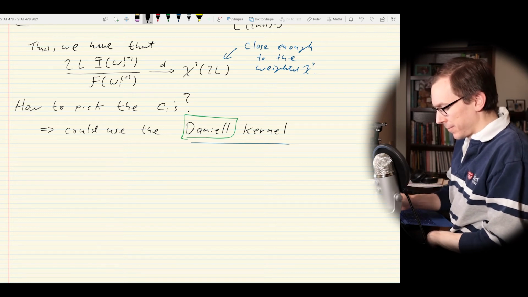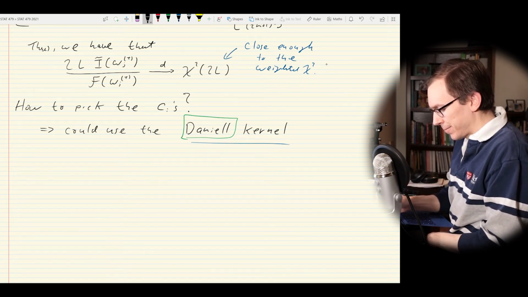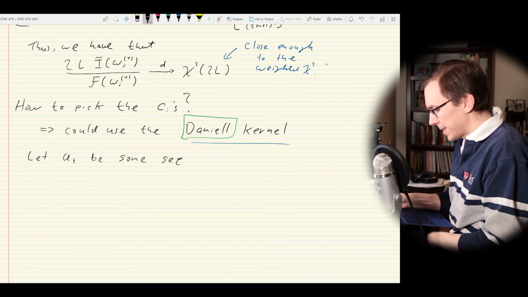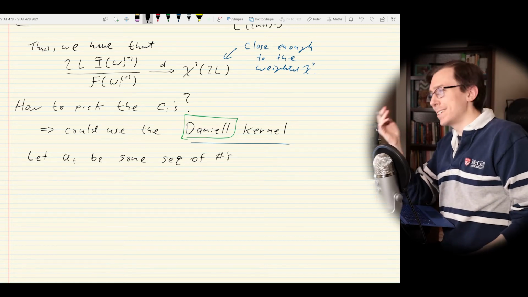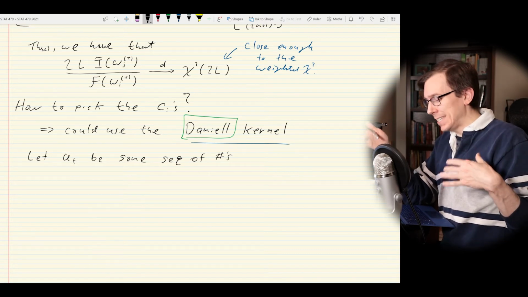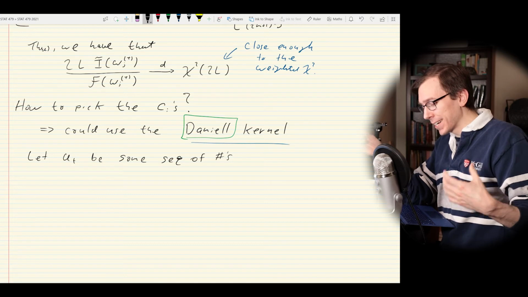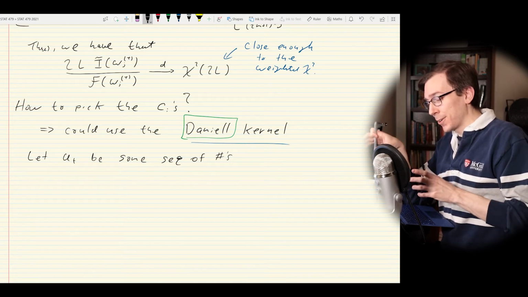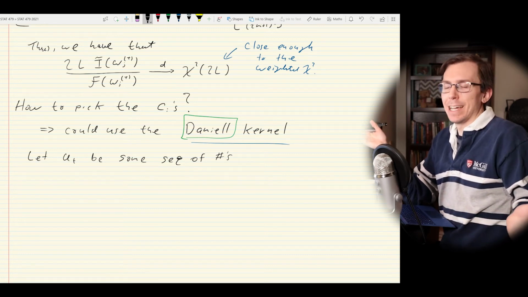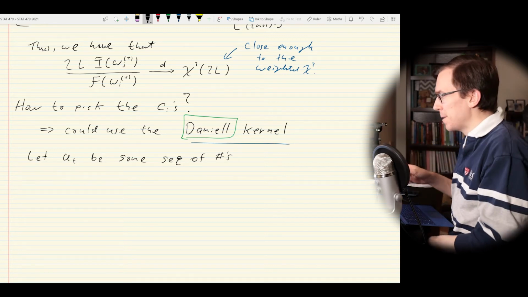Well, first, we'll say let ut be some sequence of numbers, mainly because I don't really want to have to do this with the I omegas, because the indices will get super annoying. So instead, we're just going to apply this kernel to a sequence ut. It doesn't even really have to be a time series. It just has to be a sequence of numbers.